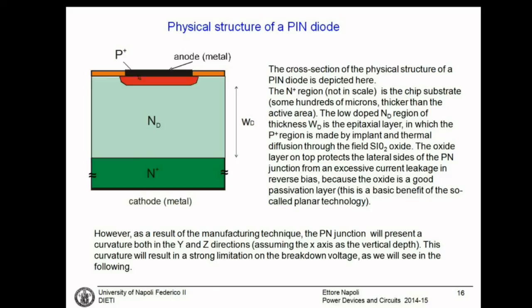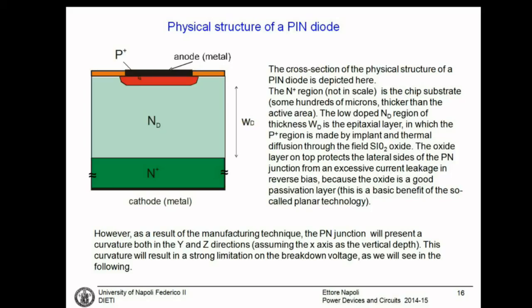Here the substrate is shown very thick, could be 5–10 times thicker than this region. These brackets here show exactly this. Then we have the top layer, the N- layer, or the intrinsic layer, that is very lightly doped.